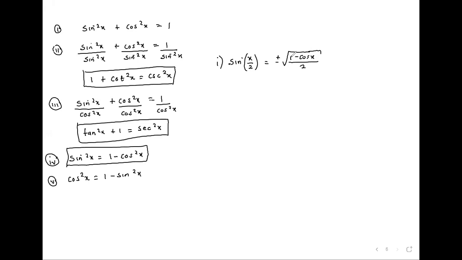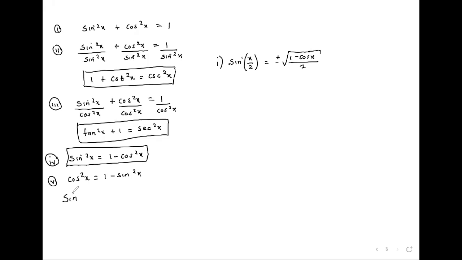The minutes that are remaining are not that much. So for I, we want sine x over 2. We need to use the double angle formula.